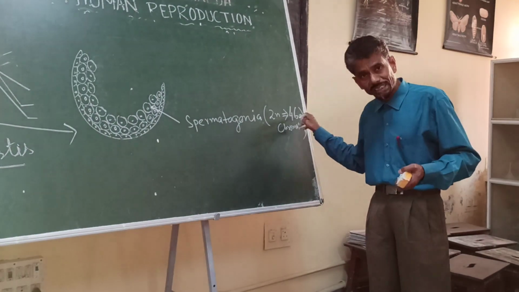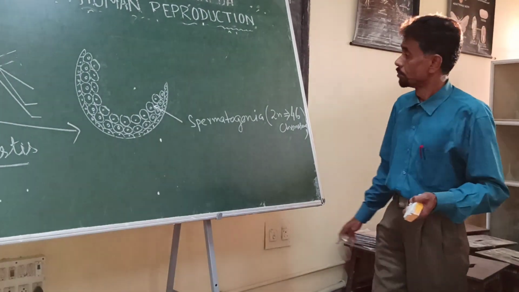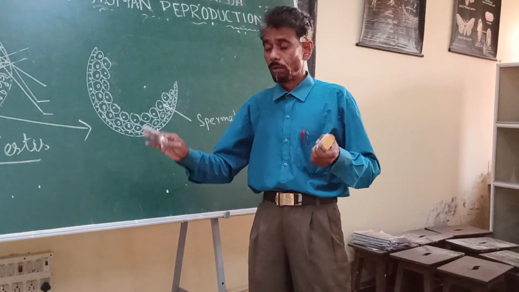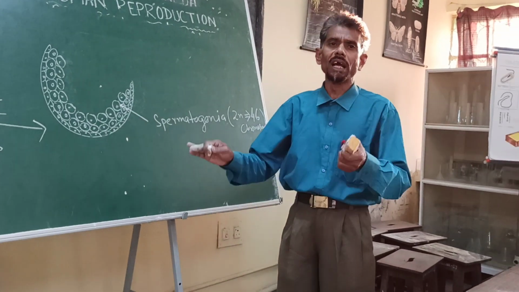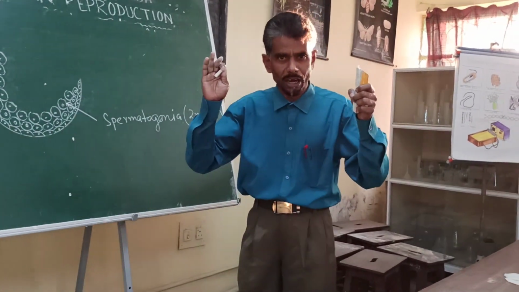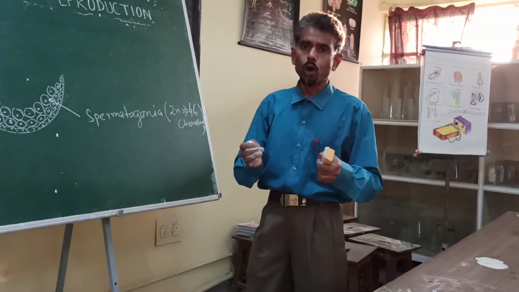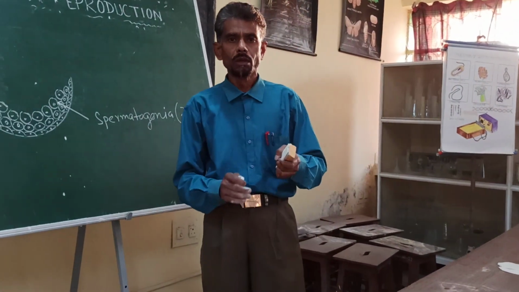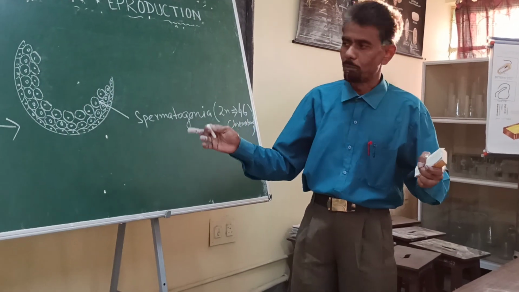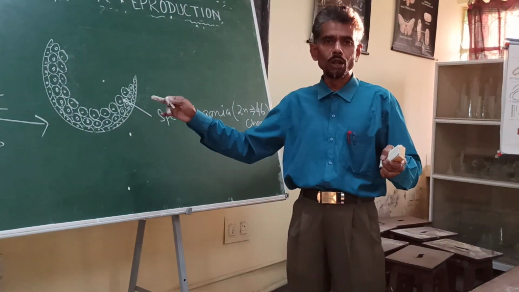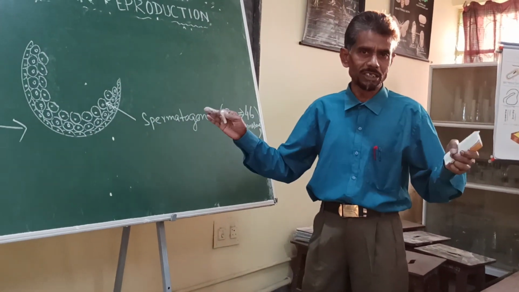So these spermatogonial cells are by nature diploid. They will produce the sperm through sequential events. That is why we can call this the sperm mother cell.